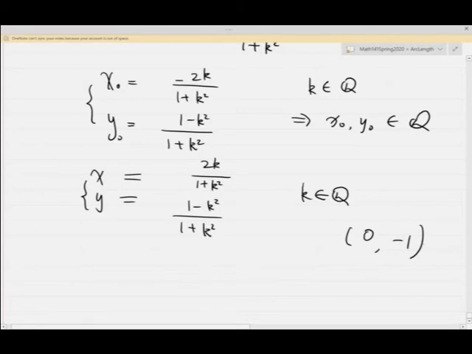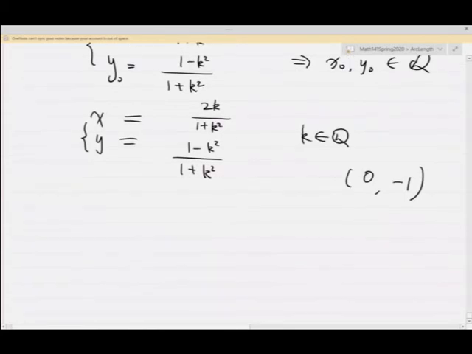We don't have the point (0, negative 1). Okay, so we get a rational solution on the unit circle.